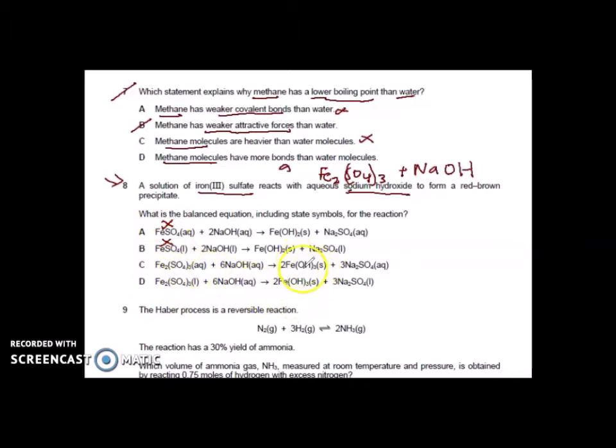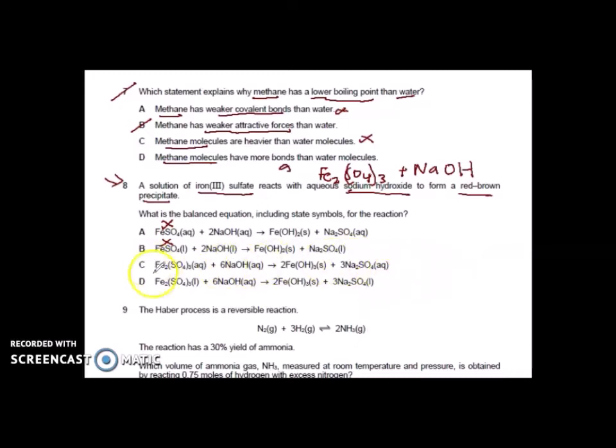Now let us check this part. To form a red-brown precipitate, they are asking for a precipitate.